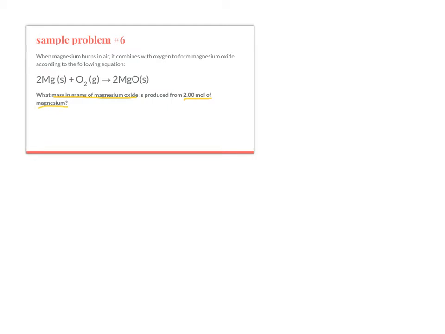Okay, since we have our balanced equation already, we can move on to step 2, which is finding the given and the unknown. Here, that is the unknown because it's asking for that, and what it gives us is that. Then I start with my given up here, 2 moles of magnesium.